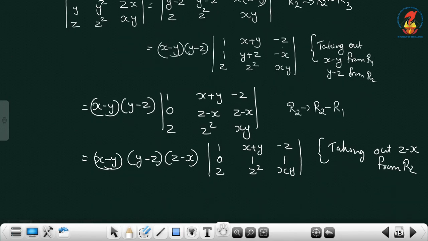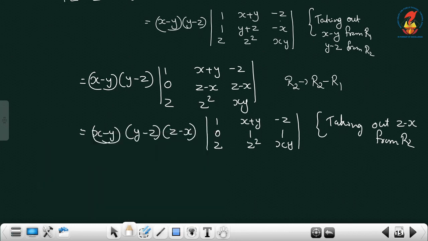Now you can expand, no other simplification possible there. Expanding, which way can you expand? C1 is easy. In R1 three elements are there, here one element is 0.